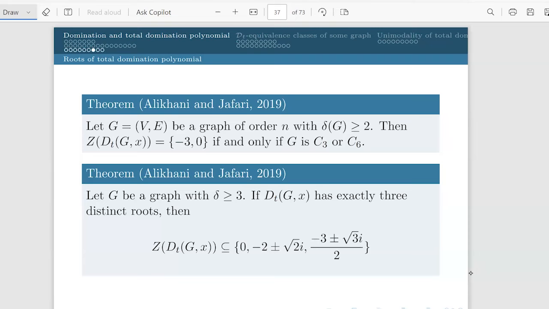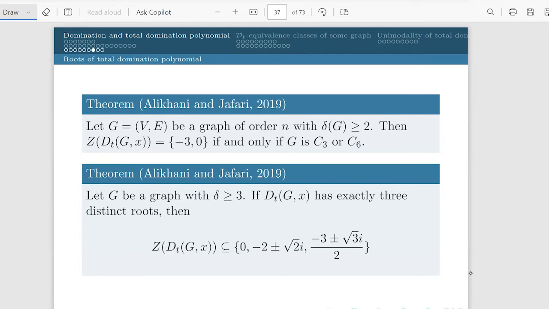And we have another theorem about roots that says that if G is a graph with delta greater than or equal to 3, and if this polynomial has exactly 3 distinct roots, then this set of roots is a subset of 0 and the complex numbers -2 plus or minus square root of 2i, and -3 plus or minus square root of 3i over 2.